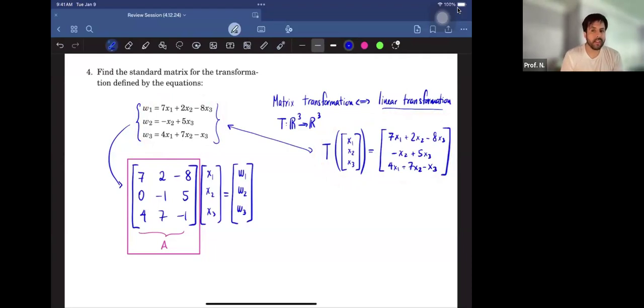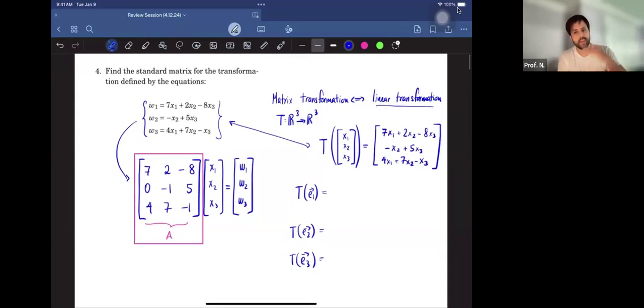And then how do you find the standard matrix representation? You compute T(E1), T(E2), and T(E3). This is the systematic way. When you plug in E1, what are you plugging in? You're plugging in 1, 0, 0.